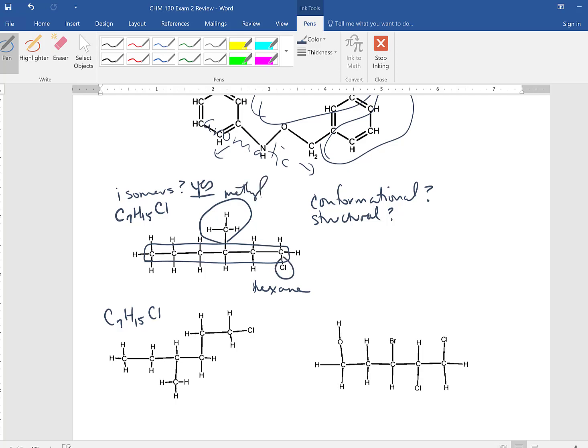This is a chloro. Which way are you going to number? On the right. 1, 2, 3, 4, 5, 6. So the methyl is a 3, chloro is a 1.